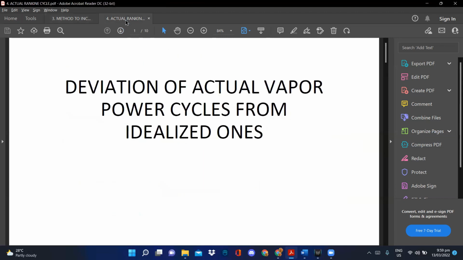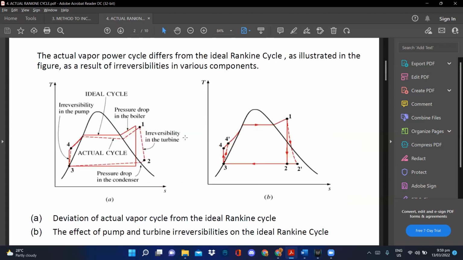So let's go to the next chapter, which is the deviation of actual vapor power cycles from idealized ones. So yung diniscuss natin kanina on how to increase your Rankine efficiency, dito natin ipapasok or dito natin i-apply. So the actual vapor cycle differs from the ideal Rankine cycle as illustrated in the figure as a result of irreversibilities in various components.